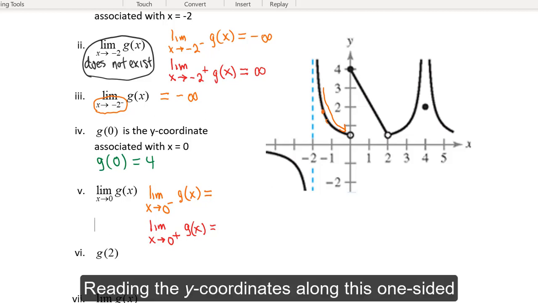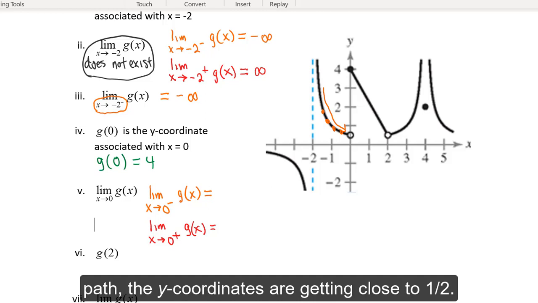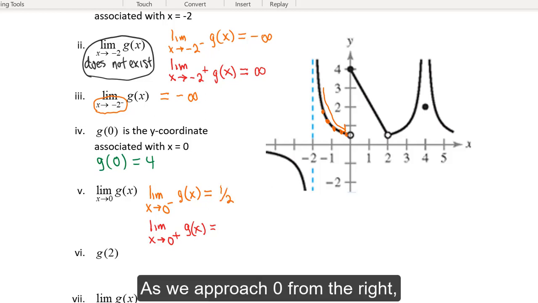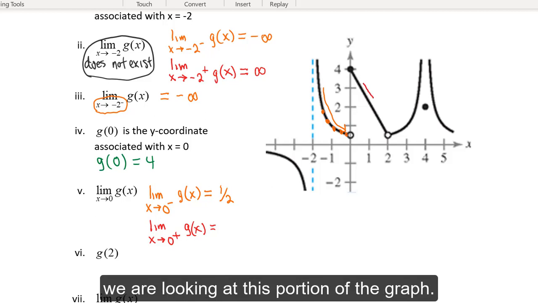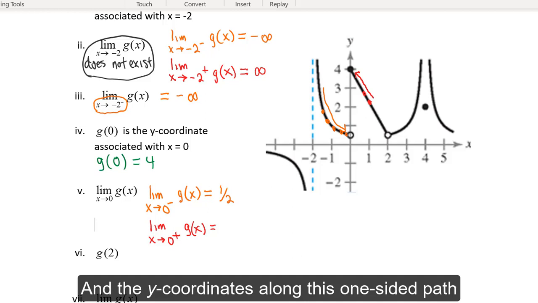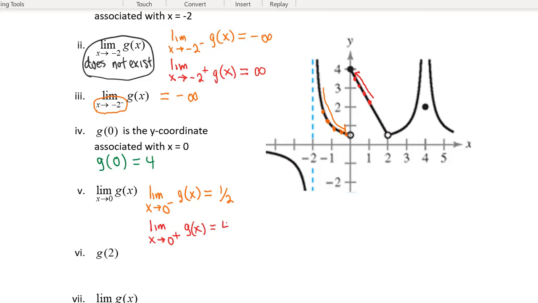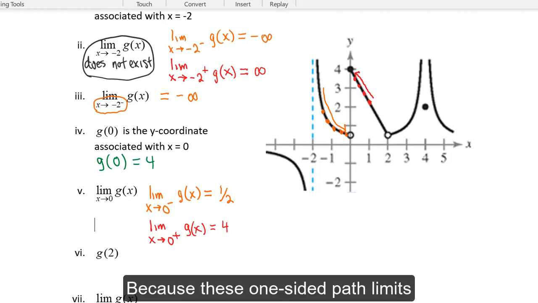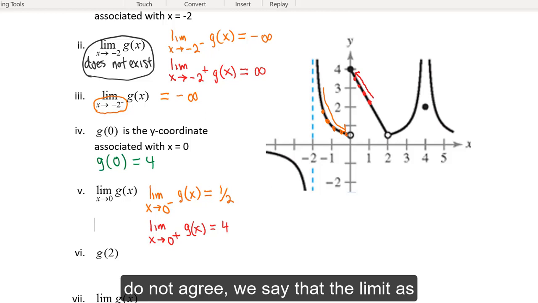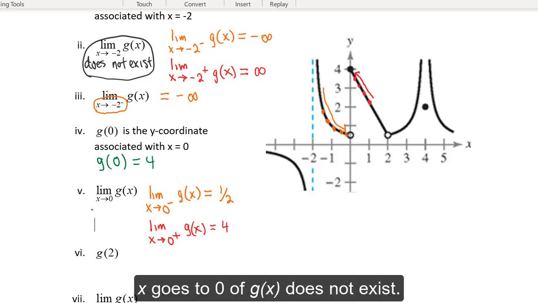Reading the y-coordinates along this one-sided path, the y-coordinates are getting close to 1/2. As we approach 0 from the right, we are looking at this portion of the graph, and the y-coordinates along this one-sided path are getting close to the value 4. Because these one-sided path limits do not agree, we say that the limit as x goes to 0 of g of x does not exist.